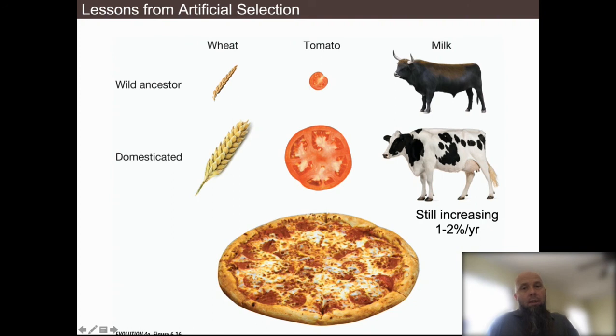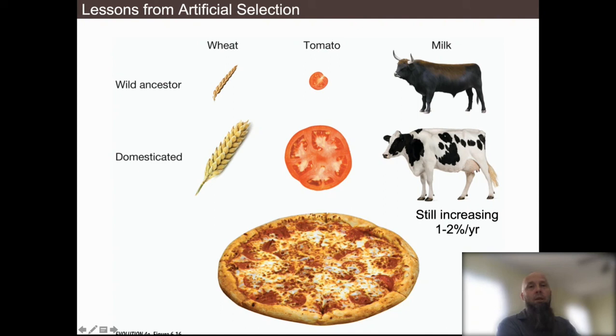So if you go out and get a pizza, right, you are consuming a number of domesticated species that humans have artificially selected for over many, many thousands of years, right? Including wheat, tomato, and dairy-producing cows, right? And you can see the difference between the wild ancestors here and what we are currently growing as domesticated species.